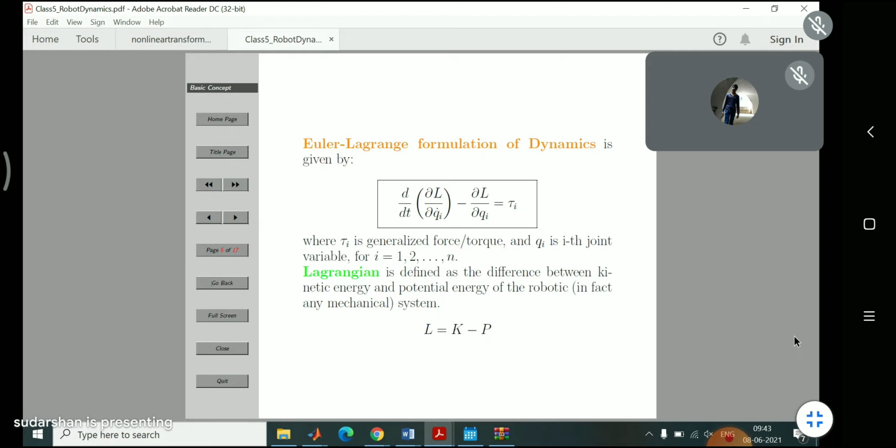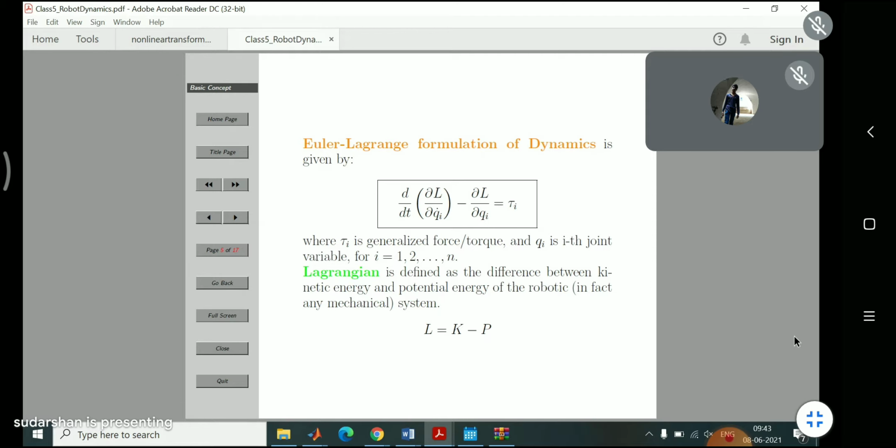So in a given serial link robot, there will be so many joints. Suppose it has 6 degrees of freedom and it has 6 actuators. At each actuator you are applying a certain torque, right?